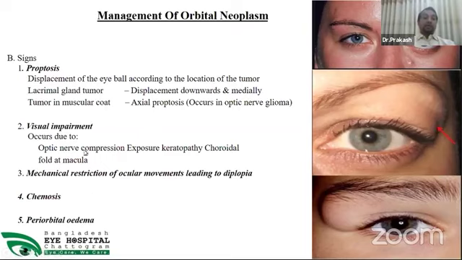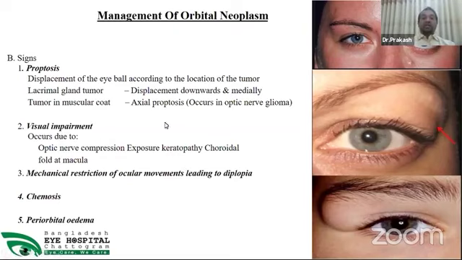And visual impairment. This visual impairment is due to optic nerve compression and exposure keratopathy. When there is severe proptosis, the eyeball cannot be closed, an inability to close the eyelids, called lagophthalmos. As a result, especially the lower part of the cornea becomes sick, and there will be exposure keratopathy.